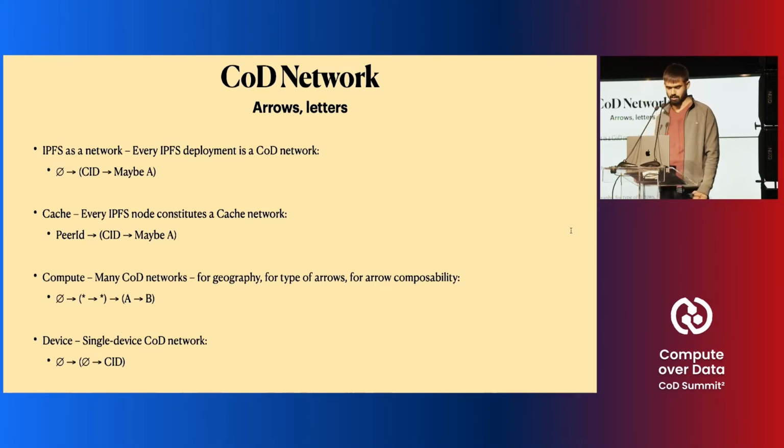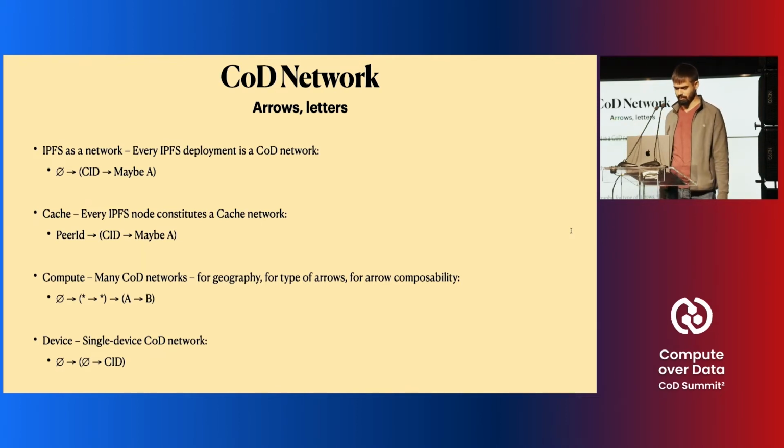For compute, we should have many compute over data networks for different geography. For example, if we wanted them locally, or for types of compute, or for different ways to compose this compute. But fundamentally, it means that somehow we can have access to the peers that can take our compute in some form of abstract arrow, like WebAssembly, for example, or Docker, or whatever. And after that, we will have an ability to execute these computations on data.